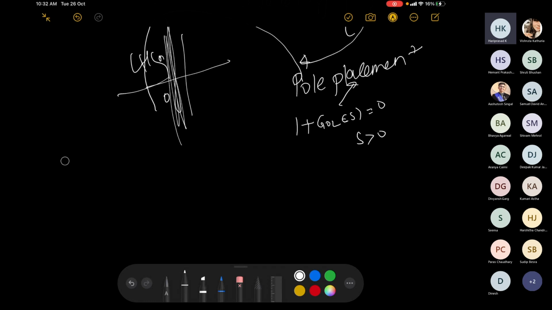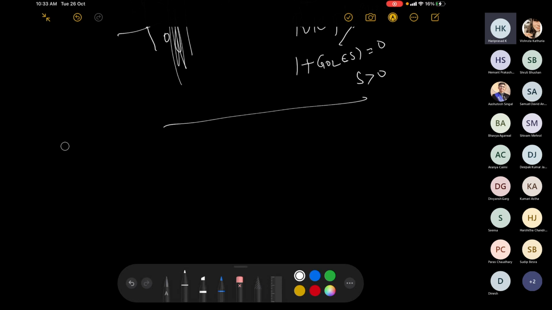But what we are going to do now is this. GOL by 1 plus GOL is the overall, closed loop transfer function, and one of its components is GC, the controller. What have we learned till now?